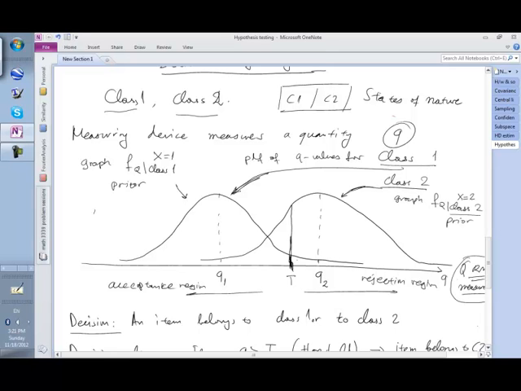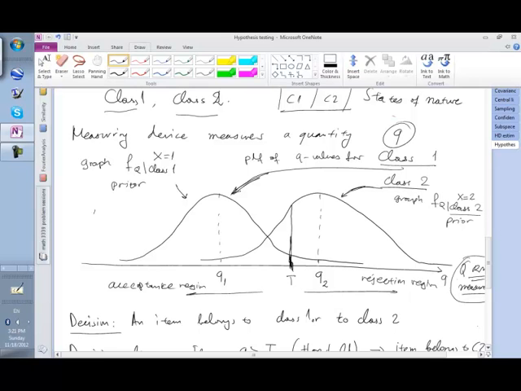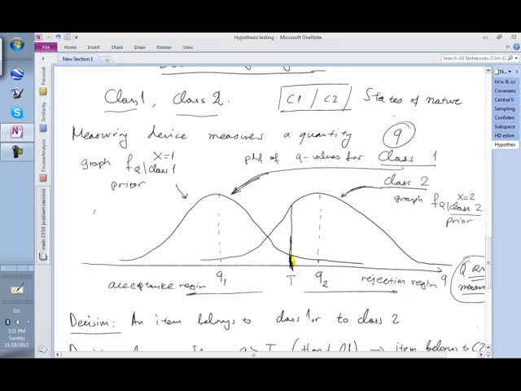And since the rule says the value of Q should be greater than T, what I should be picking is this area. When the values of Q are greater than T, they are to the right of T, but the probability that this occurs given that an item belongs to class 1 is exactly equal to the area, which is now marked by yellow. And this area is called the critical area because it's to the right of our threshold.